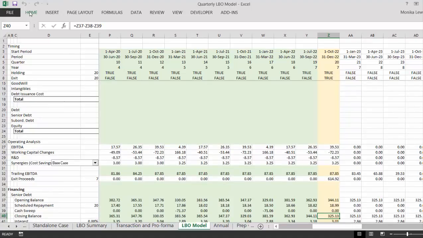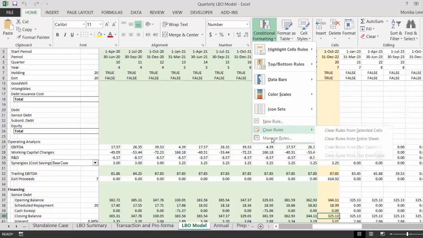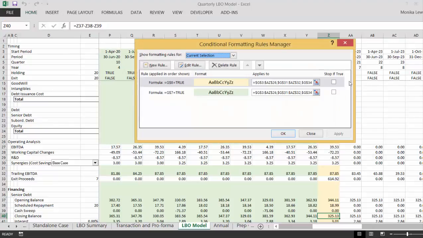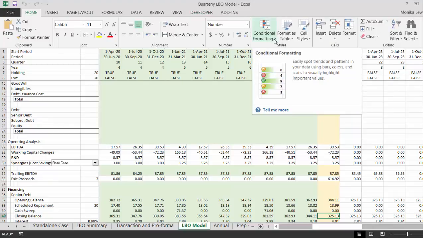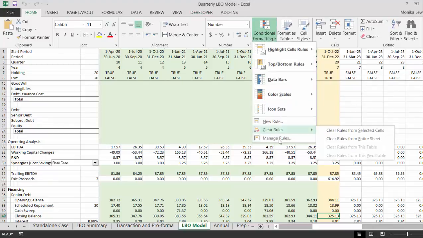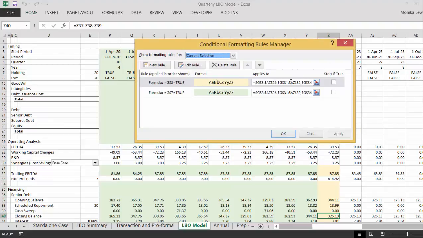Now, by the way, when you go to the Home tab, and you go to this conditional formatting, and you go to the current selection, go to Home, manage the rules, okay, and it puts this funky thing.